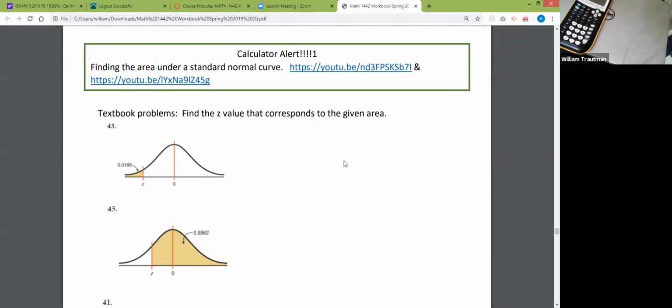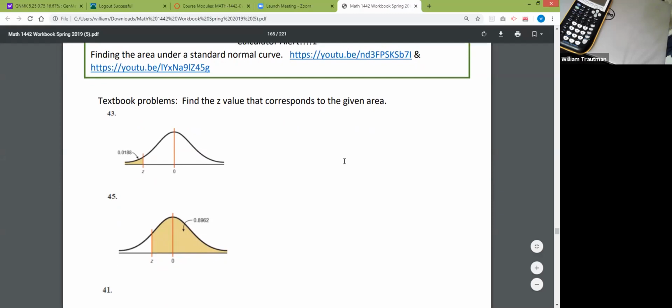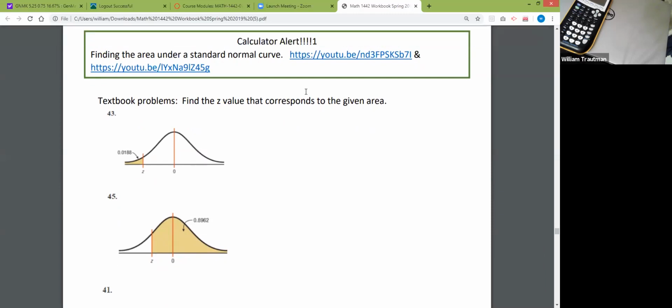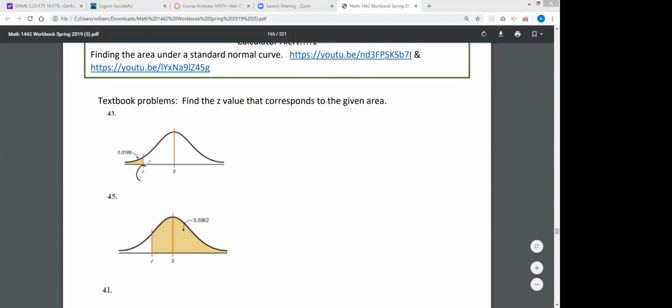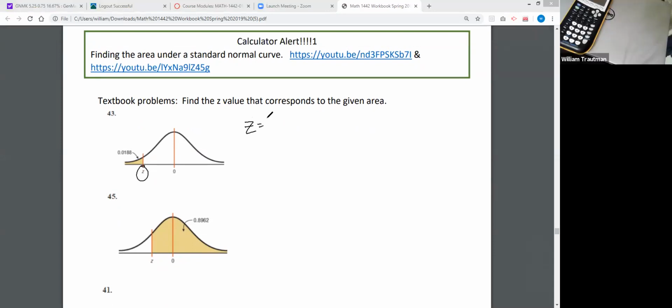The previous problems we did found the area under the curve. Here we want to find the z value. Z equals.